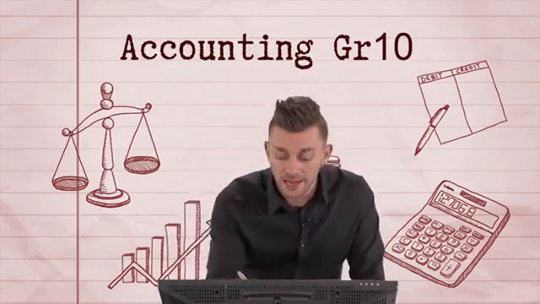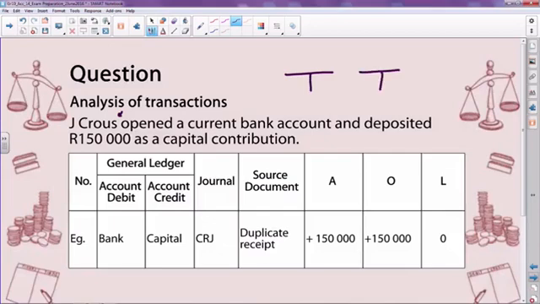So what I like to do, I like to draw two accounts like this, and I will say bank, which is an asset plus minus, and this is my rough work. My bank is going up, and my capital, which is the owner's equity account, is definitely going up as well. Capital is going up, and there's my debit for the credit. And as you can see, your general ledger account, your bank will be debited. There I showed you. Your account credited is capital, and then the journal, CRJ, the source document will be a duplicate receipt.